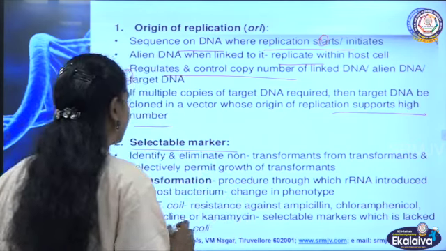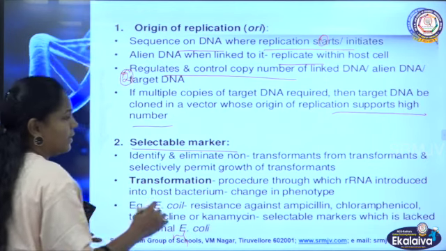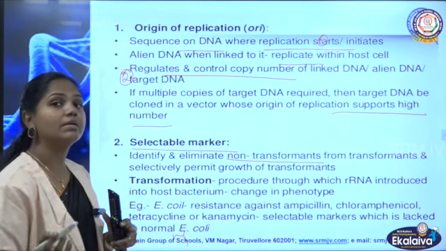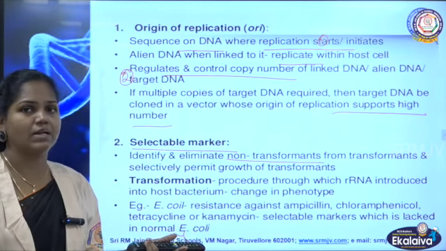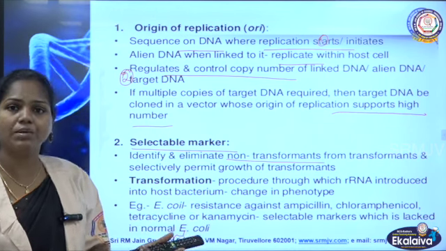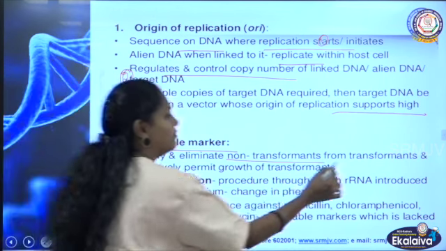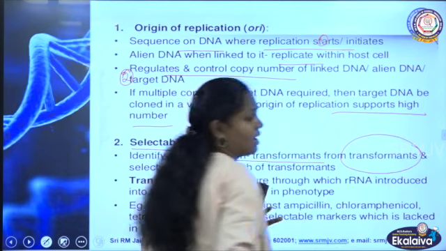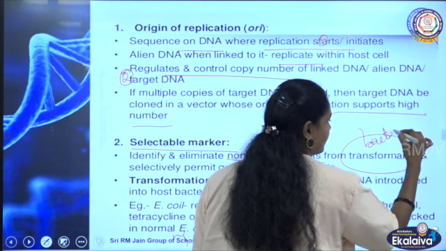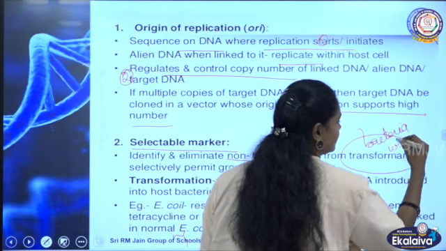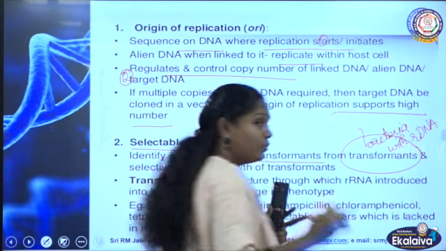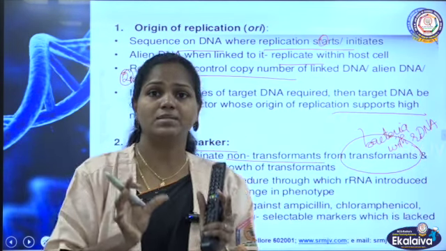So selectable markers are used to identify and eliminate non-transformants, because there is no use of non-transformants, as they are not going to have our rDNA. So we eliminate those non-transformants and select only the transformants, that is the bacteria with the required rDNA.